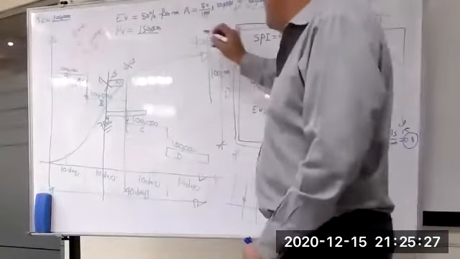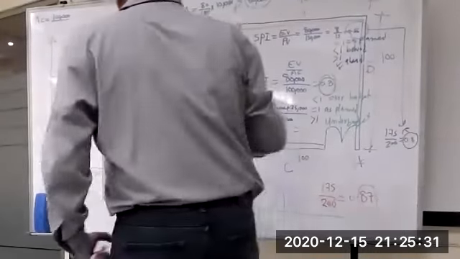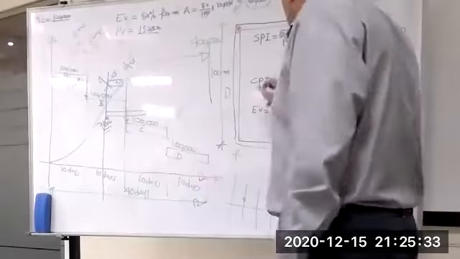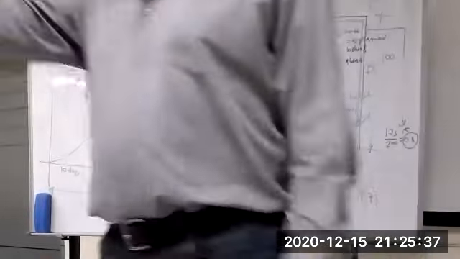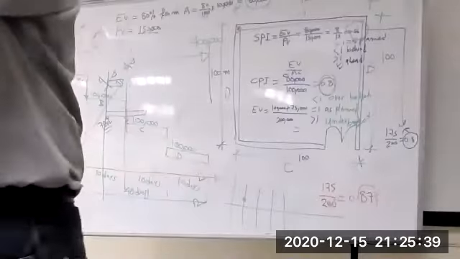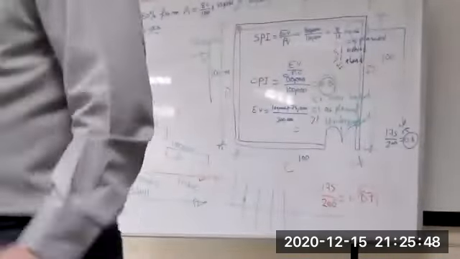Cost control without earned value, without planned value, without actual cost, you have no control at all. Don't tell me there is cost control if you don't have earned value, planned value, and actual cost. Start from the WBS.